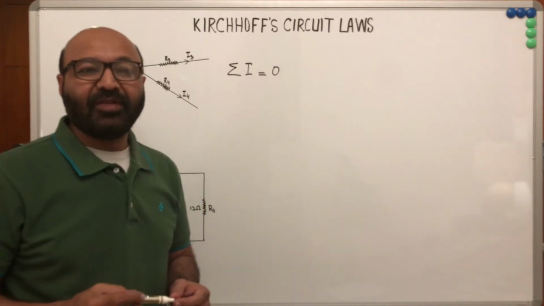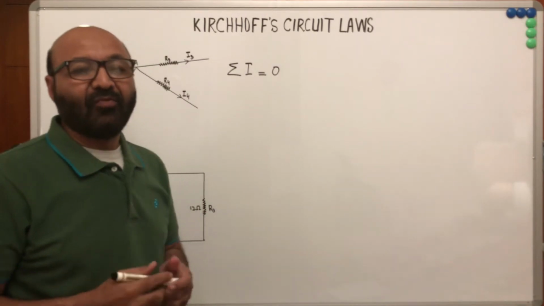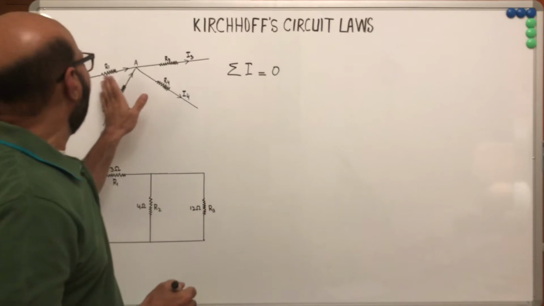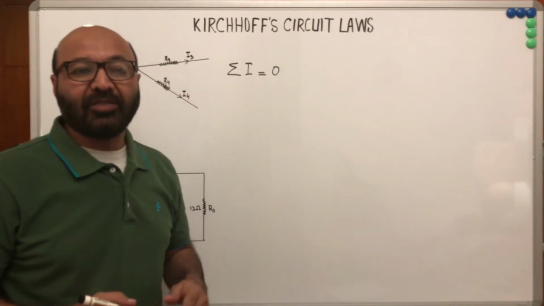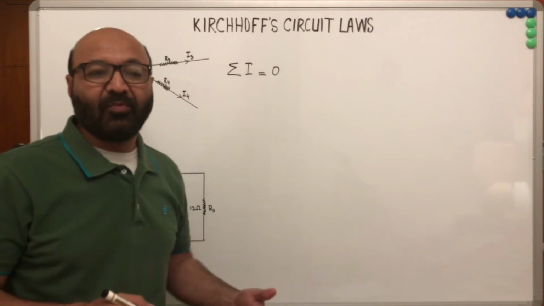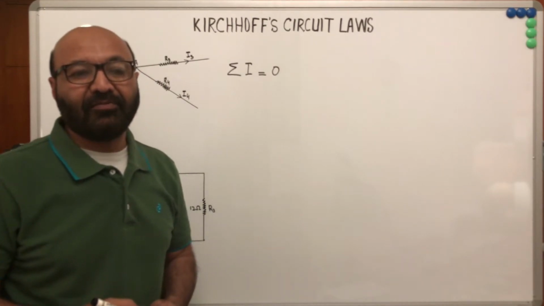It is a convention that currents flowing towards a point are taken as positive and currents flowing away from a point are taken as negative.